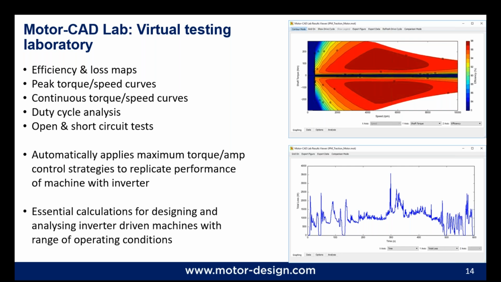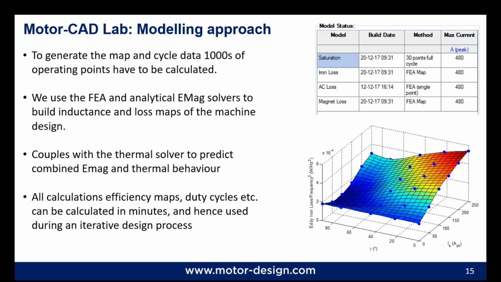And it allows us to calculate things like efficiency maps, torque speed curves, duty cycles, and replicate tests that we would do on the dynamometer. It automatically applies control strategies to replicate performance as we would have with an inverter. And it's very useful for designing for these types of applications.